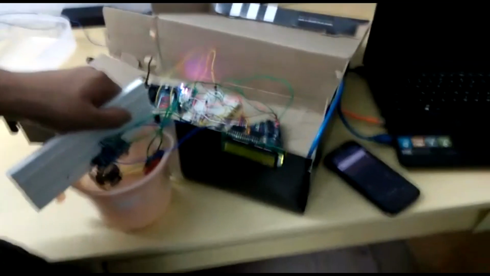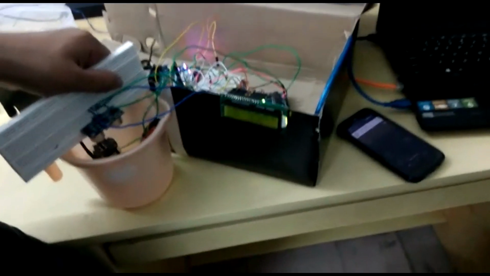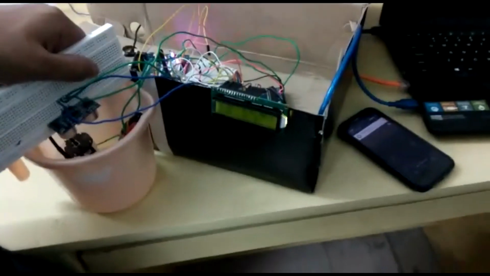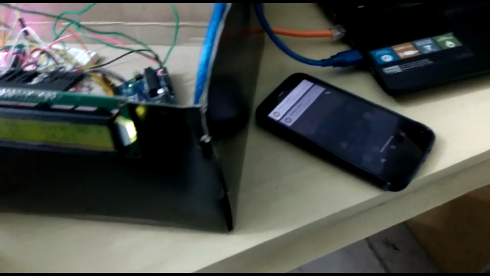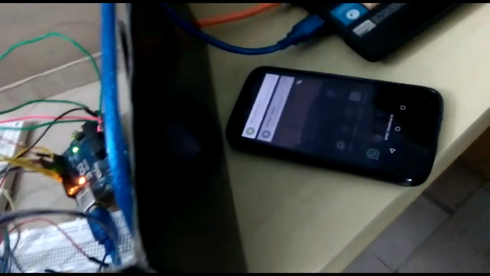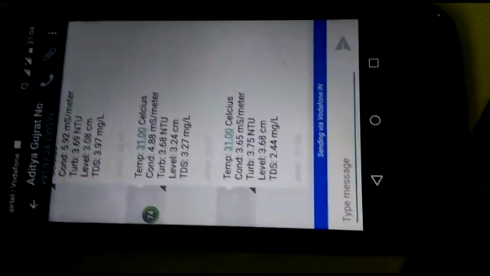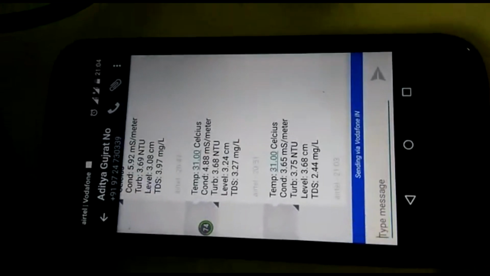Hello, here we are doing the final testing of our project. We have integrated the project with an LCD also, and we have put it in a box. This is where we are getting the reading on the LCD, and there is the mobile, where we got the sound of the message. The SMS is there with the specifications, and this is the current message, which is showing the current time also.